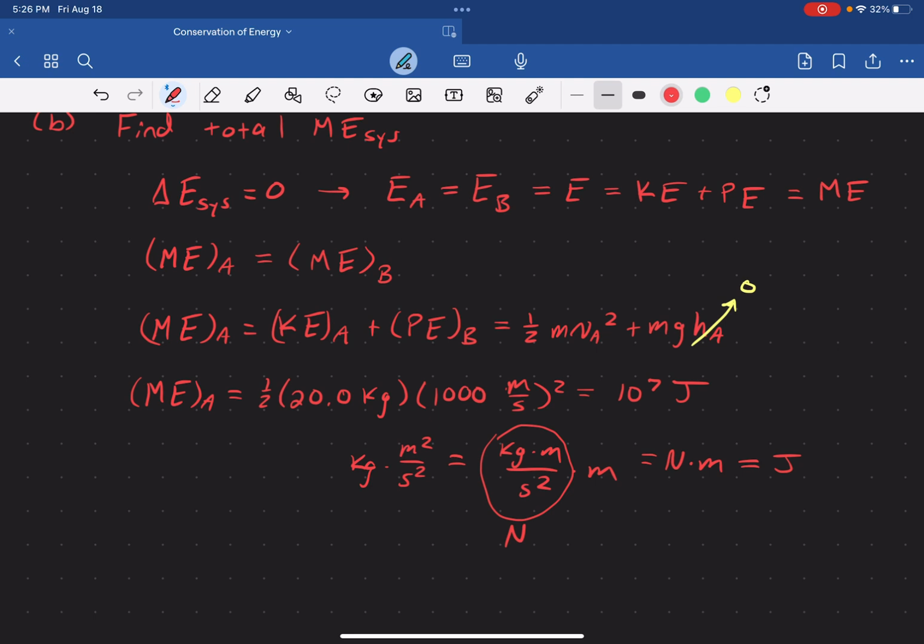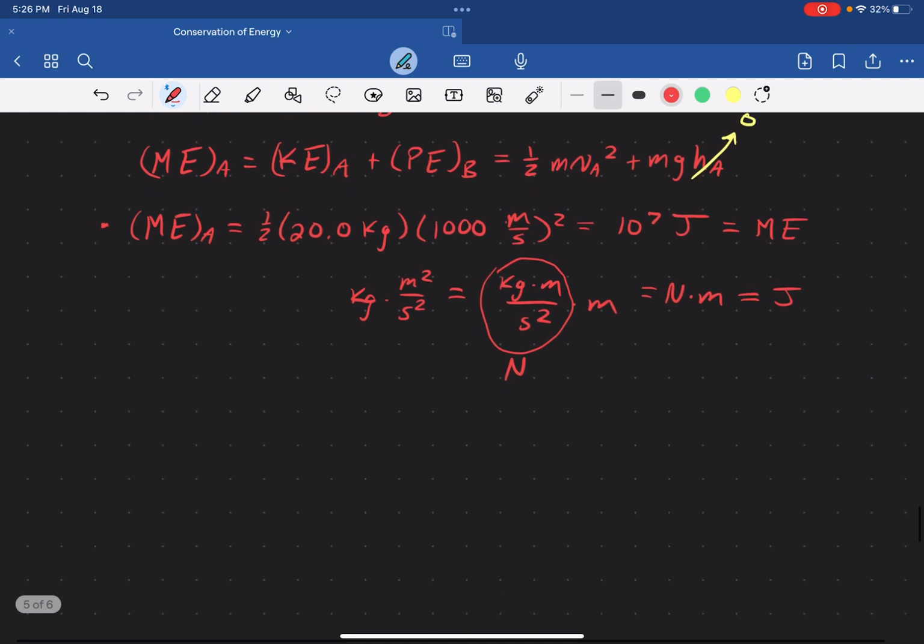I called it the mechanical energy at state A at the start of this line. But we know that the mechanical energy is conserved, and it's the same at any state. If we wanted to calculate this at a different state, say state B, this is also equal to the mechanical energy of the system.